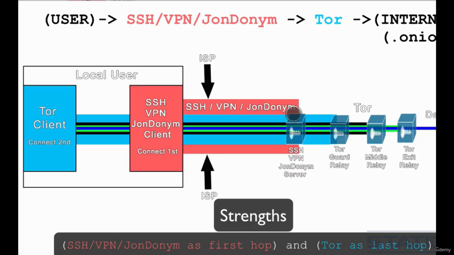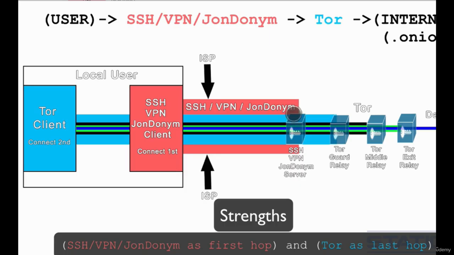They can make DNS requests, and the SSH, VPN and Jondonym client reaches correctly with the help of making DNS, and it can kill the connection over SSH, VPN, any of these layers like Tor guard relay, Tor middle relay.